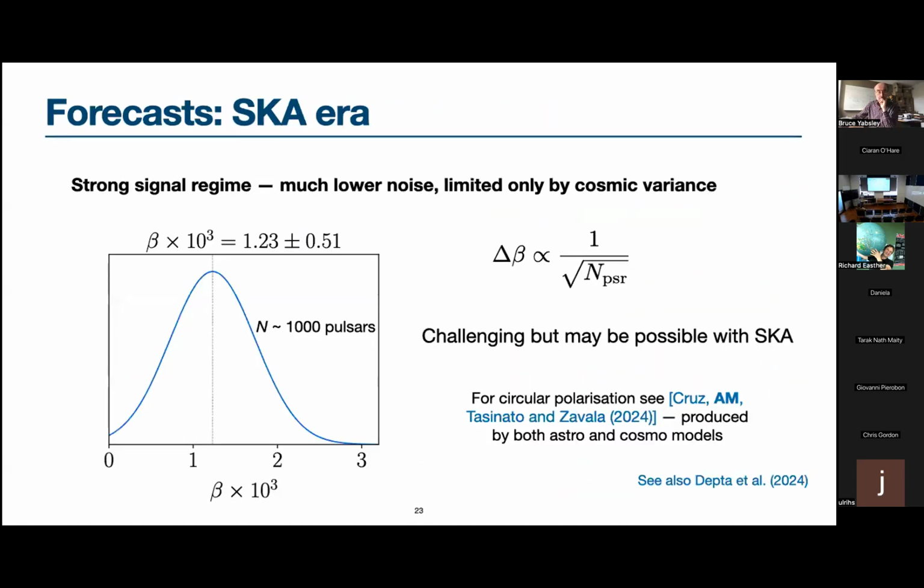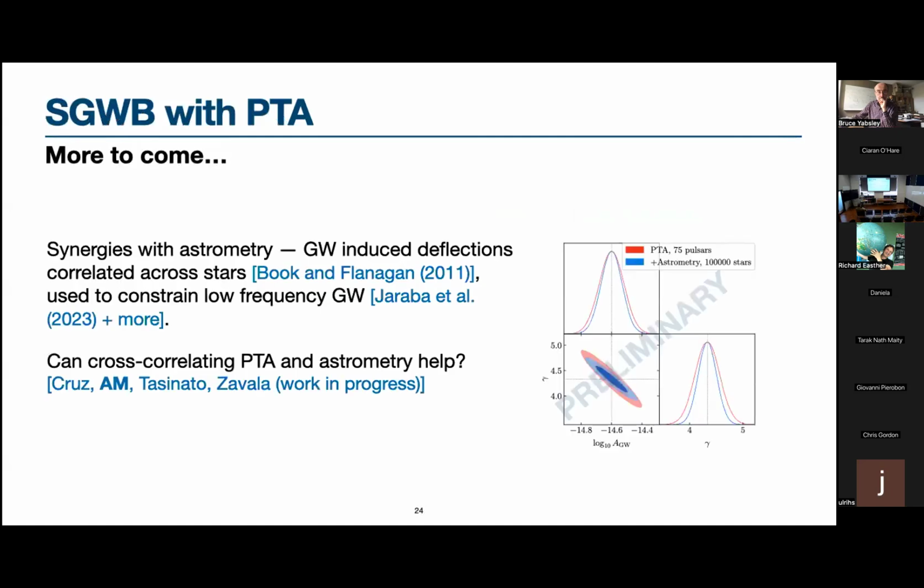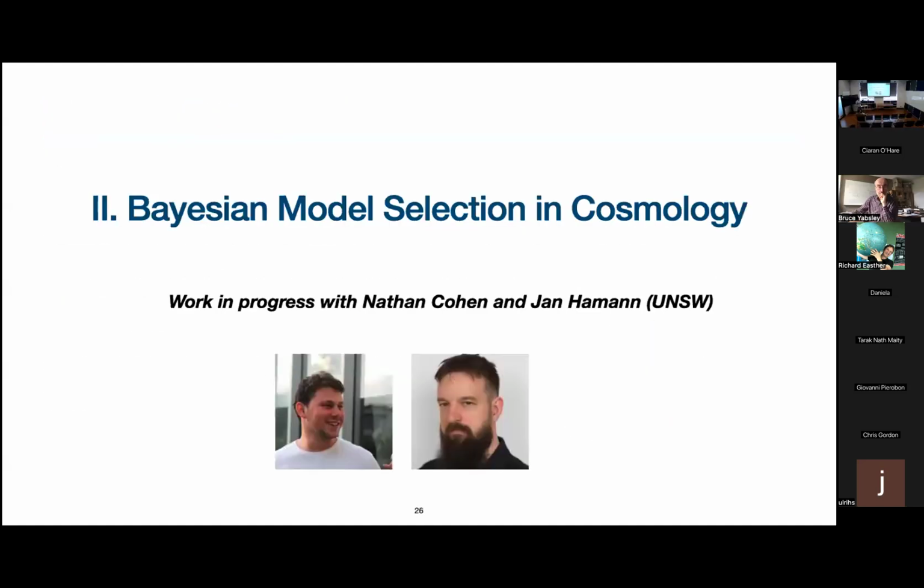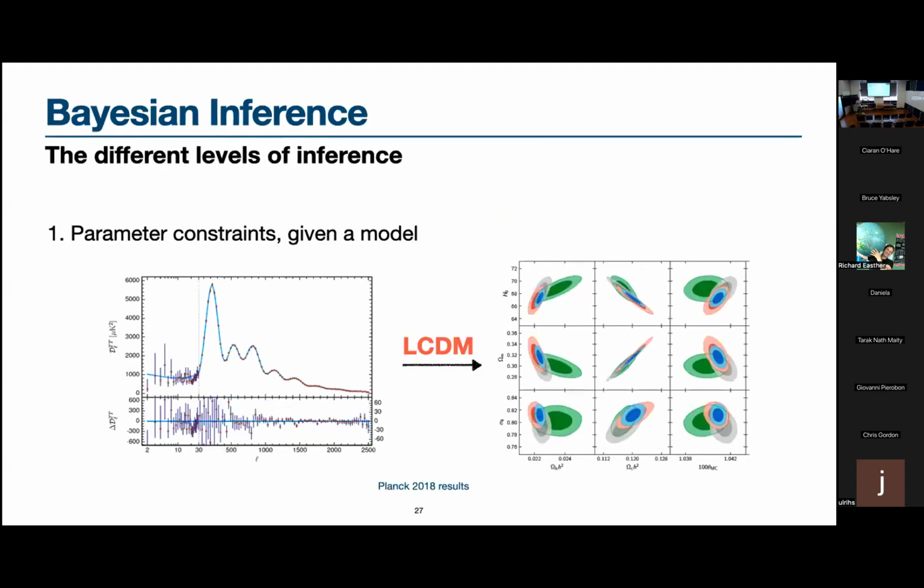Okay, so let's move on to the next part, which is about Bayesian model selection in cosmology. And this is based on work currently in progress with Jan and Nathan at UNSW. So what we're familiar with is one kind of Bayesian inference, where, given a specific cosmological model, we try to get constraints on the model using data.